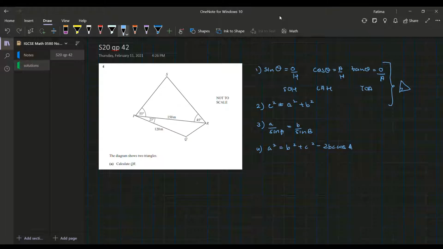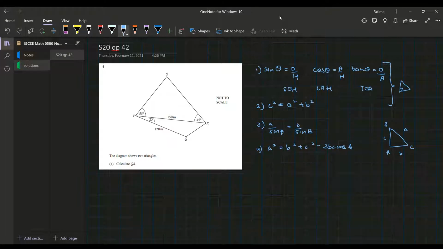Now, one thing to make things easier is if, for example, we were given a triangle with vertices A, B, and C, it's a lot easier to denote the lengths by the lowercase of the vertex. So for example, length BC can be easily denoted as lowercase a, length AC can be denoted as lowercase b, and length AB can be denoted with lowercase c.